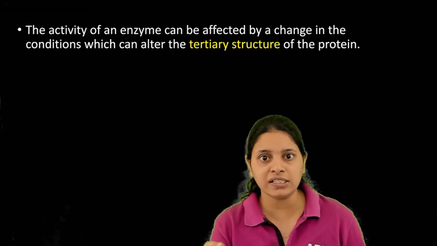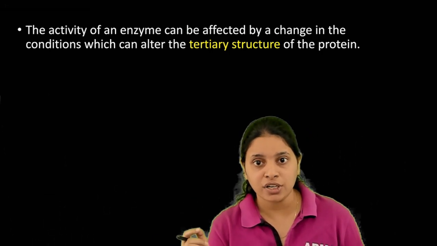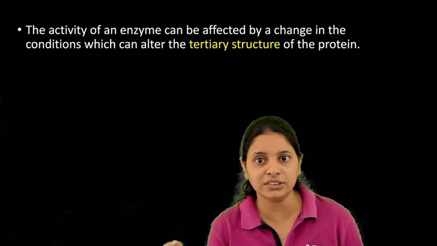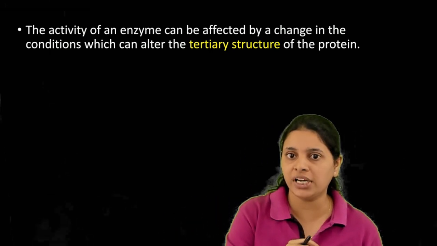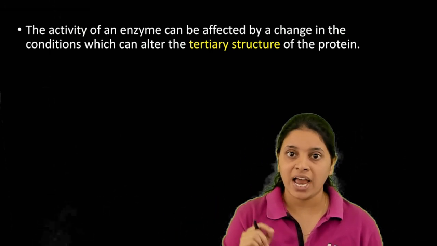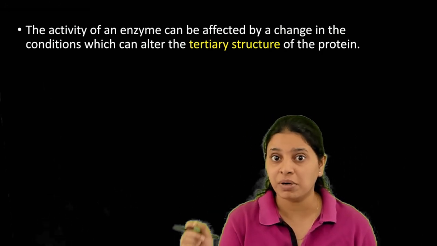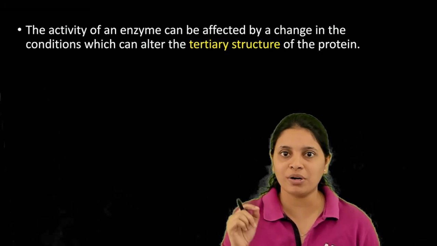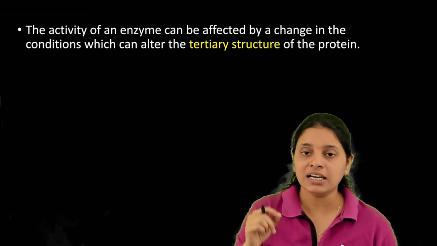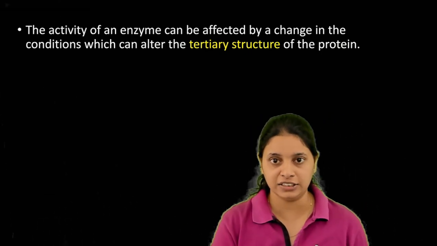And factors like temperature, pH, right? If we change these conditions, then the shape of the protein can also change. And if the shape of the protein, that is in this case enzyme, changes, then substrate cannot bind to the enzyme and hence the rate of reaction will decrease.